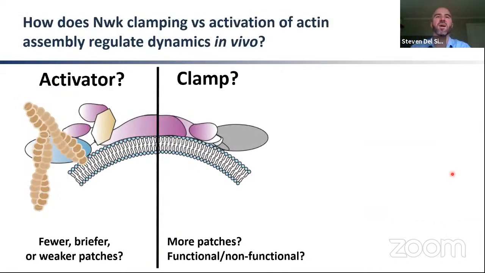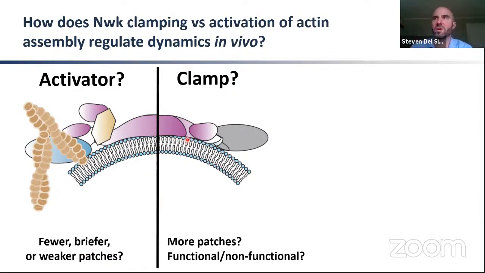And so then the question is, how does this clamping, where Nervous Wreck is a really poor activator of WASp on its own, versus the collective activity, how does this play out in vivo? How does it actually control these dynamics? You can imagine a couple different outcomes. If the majority of Nervous Wreck at the synapse is acting as an activator, then we might expect to see either fewer, briefer, or sort of wimpier actin patches.